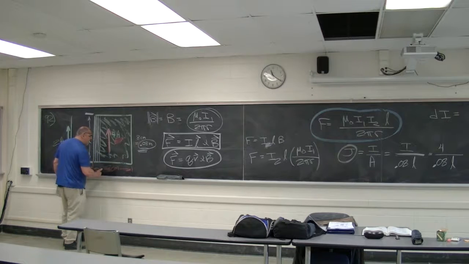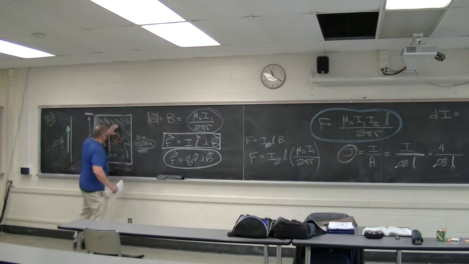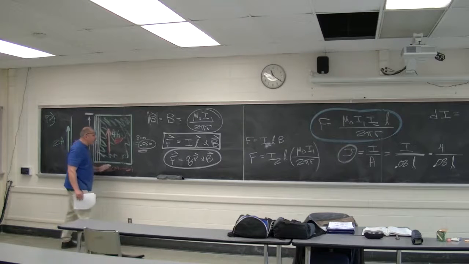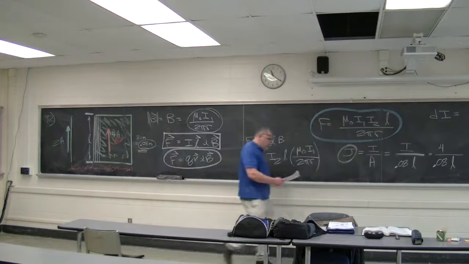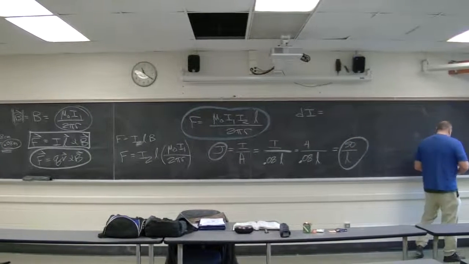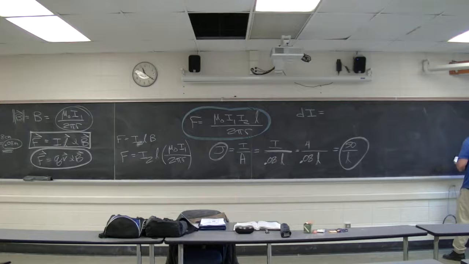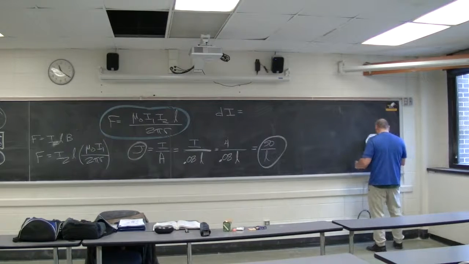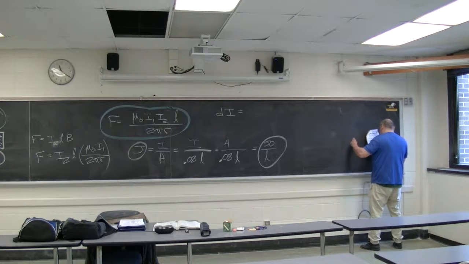Well, whatever proportion of this there is. We could say this is current per area, and if this is a differential amount of area, we can basically say, I'm trying to think of a good way to actually say this. I'm going to go off script a little bit on this one, guys.